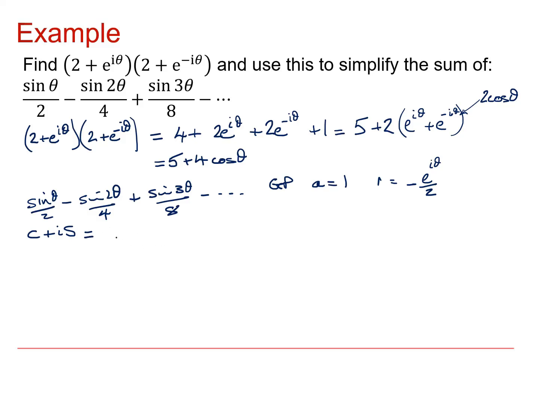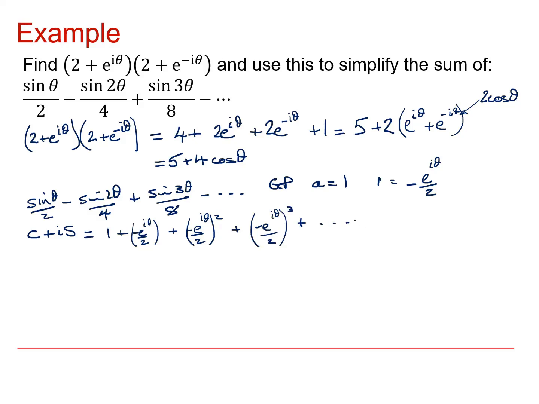So if we write out the series, then it's going to be 1 plus minus e to the i theta over 2, plus minus e to the i theta over 2 squared, plus minus e to the i theta over 2 cubed, and so on.